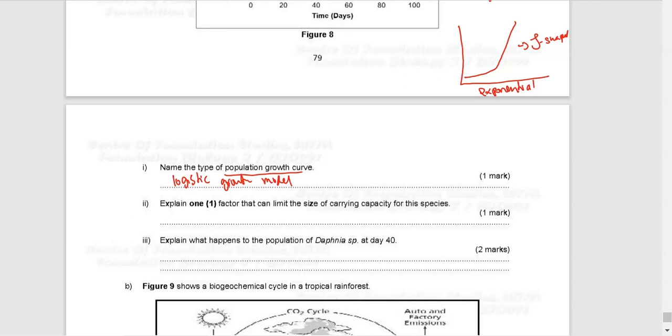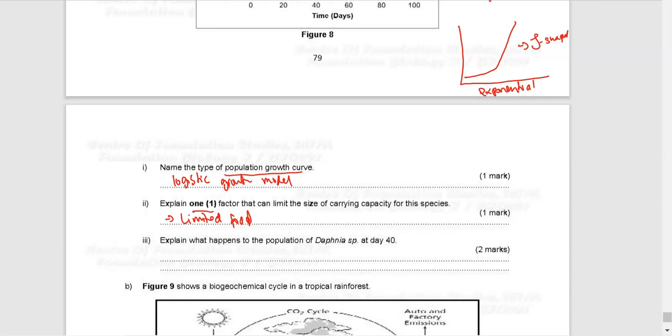Number 2, explain one factor that can limit the size of carrying capacity for this species. The question only wants one factor. The most common limiting factor is limited food.